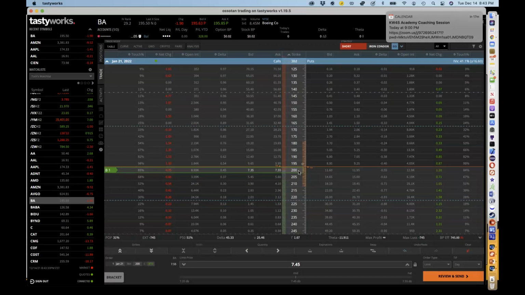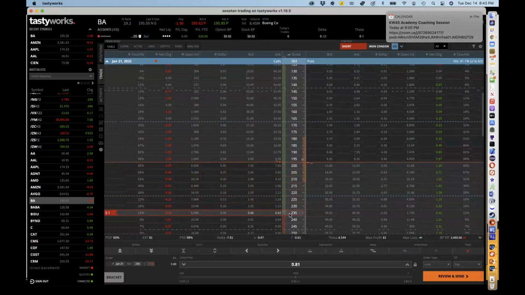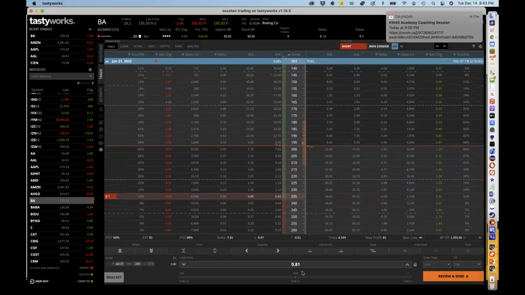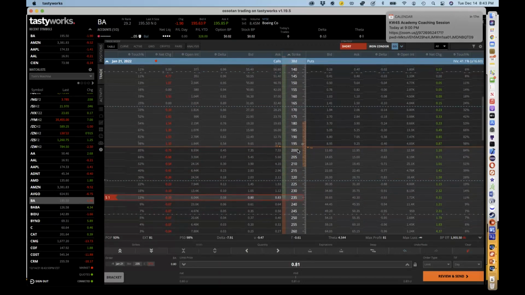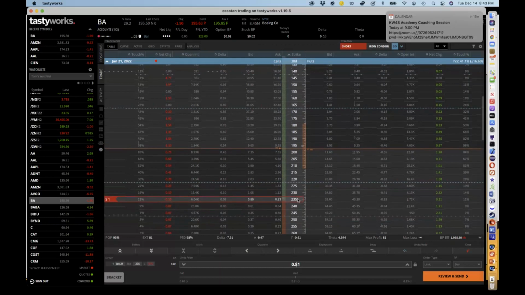honor the contract. That means if you sell, let's say you sell this naked option, let's say you sold this contract here, then you collect 81 cents. If the price goes to 235 here, now this thing's in the money, correct?